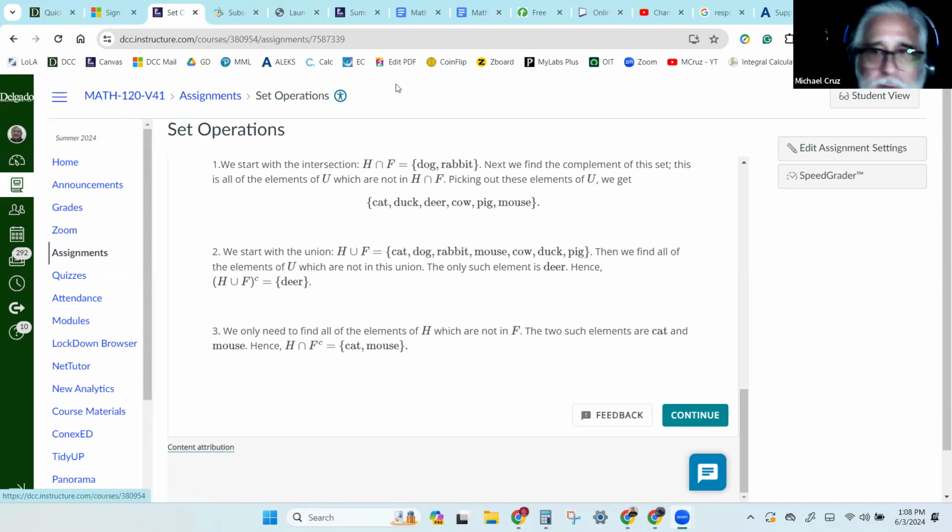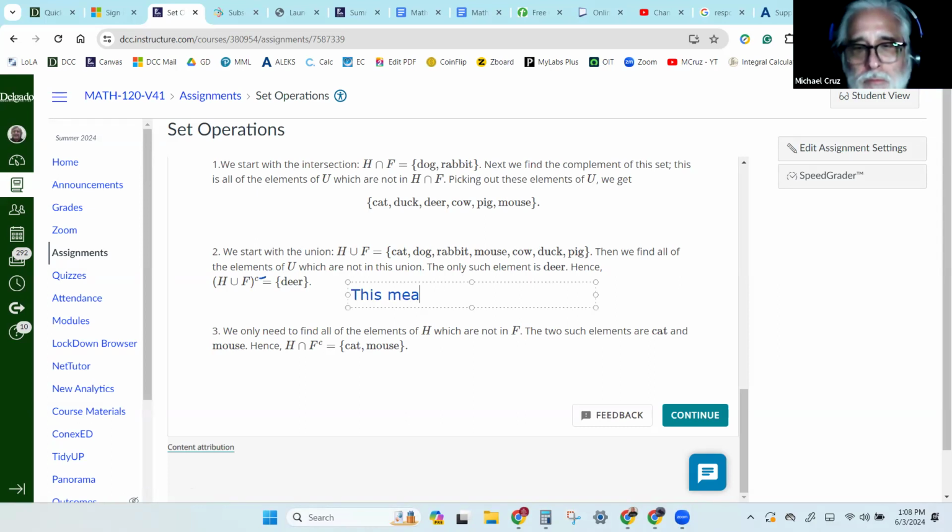So see this right here? They use this alternate symbol. That's the same thing as this. Okay. So they just happen to use that C there when it stands for complement, but it's in the same place as the apostrophe. Just remember that, okay?